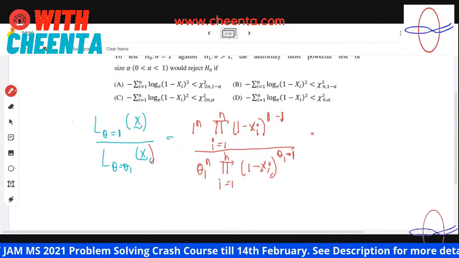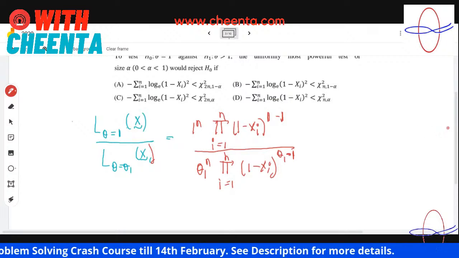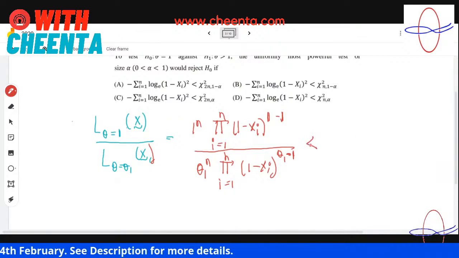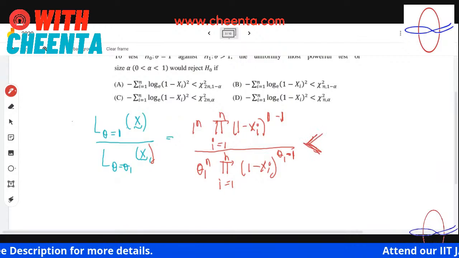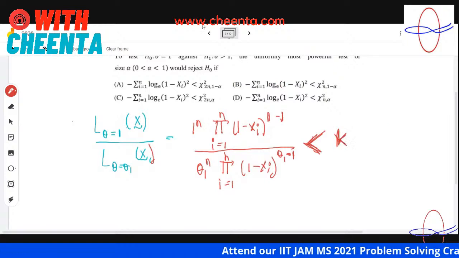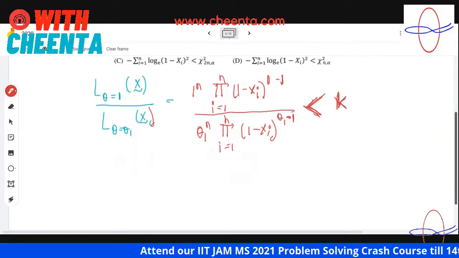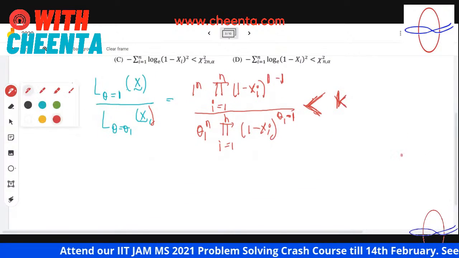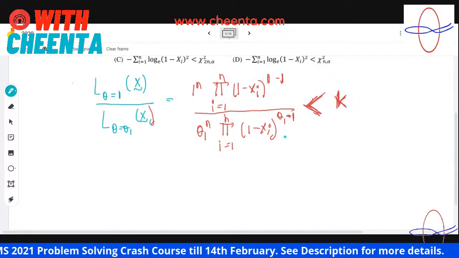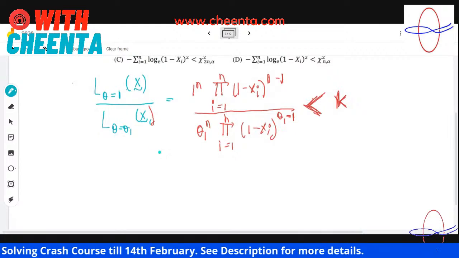Okay, and this must be what? Under H naught we will reject if this is less than some k. Therefore, it is the same as telling that, we will put in some log over here now.